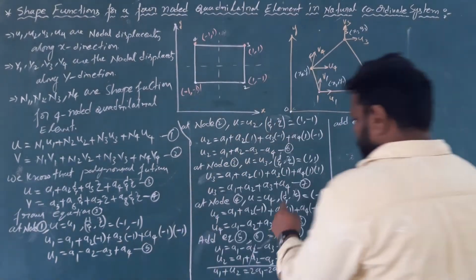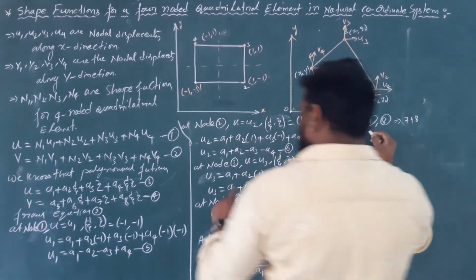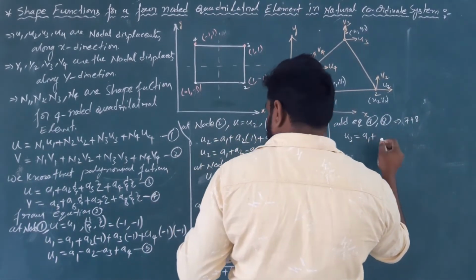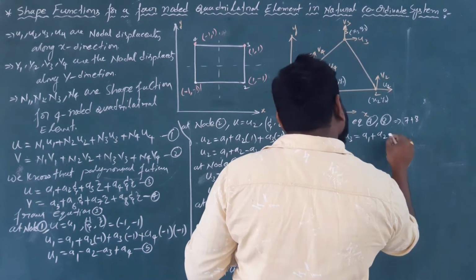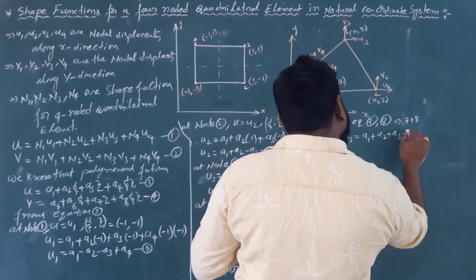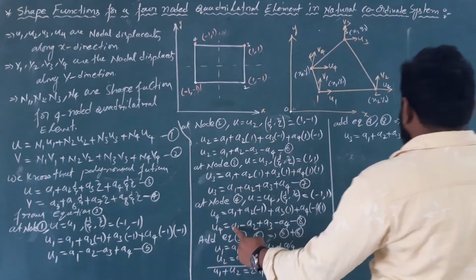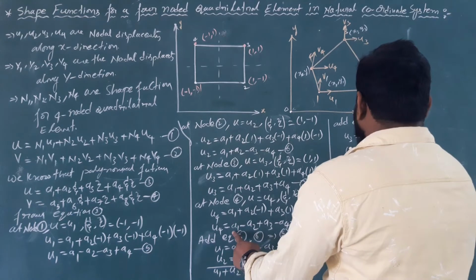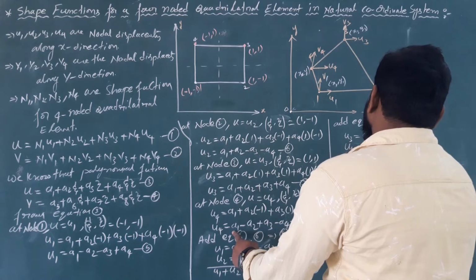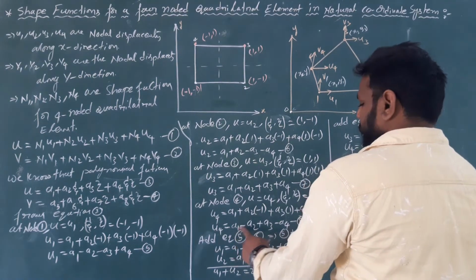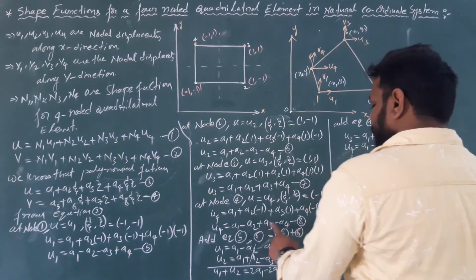From the 7th equation, u3 is equal to a1 plus a2 plus a3 plus a4. This is equation number 7, and the eighth equation is u4 is equal to a1 minus a2 plus a3 minus a4.